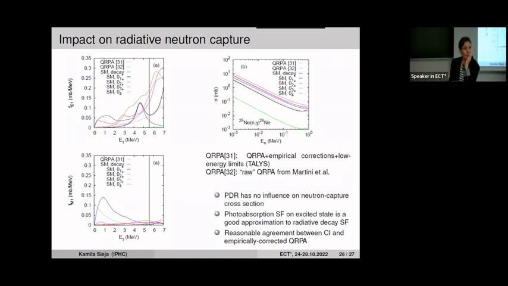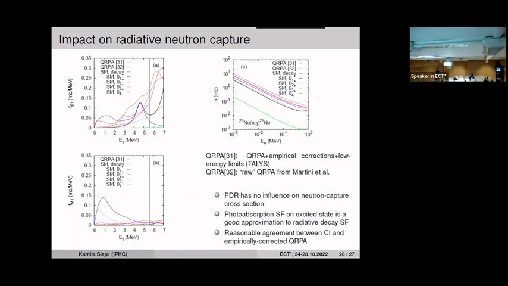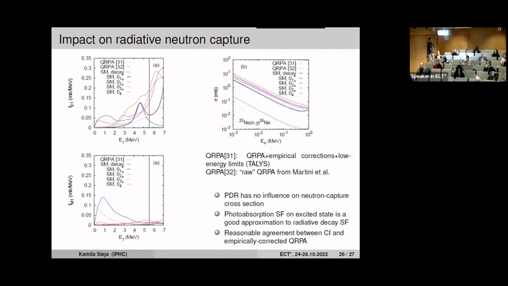Thank you. Regarding two of your statements, on this slide and also on your summary slide, because it's very interesting. And it's interesting that Stefan was the one asking a question before me, because here you say the PDR has no influence on the neutron capture cross-section. And then on your last slide, you claim, at least in the Shah model, the PDR only appears to be built on the ground state.